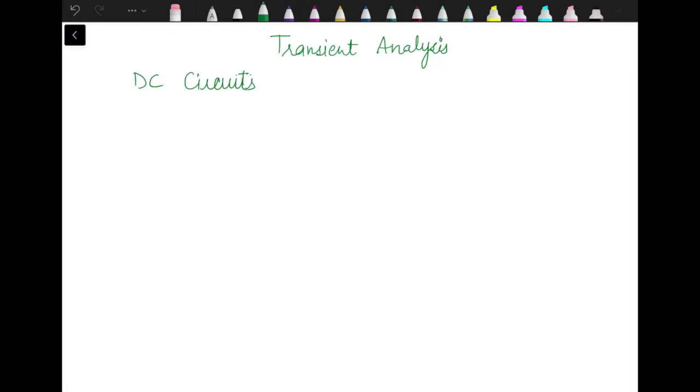But when we do the transient analysis, inductor and capacitor play their role. Now what is their role? We know that the inductor has the property that it opposes the instantaneous change in current.